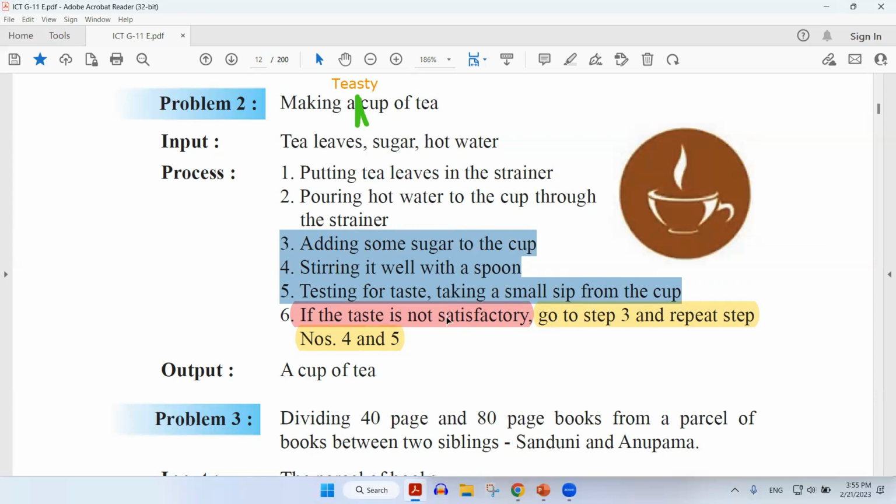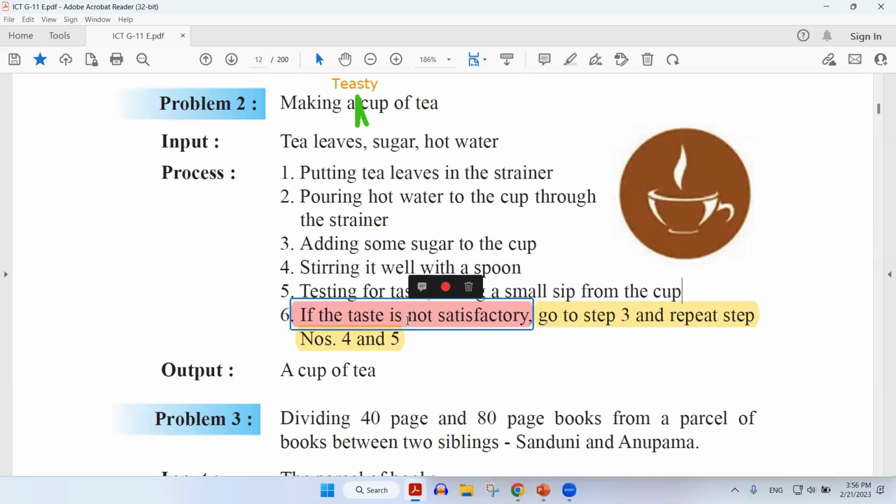So you put in a little sugar, stir it, take a small sip and see whether the taste is satisfactory. If it is not, we again do these three. Likewise, these three steps will be repeated until the taste of the tea is satisfactory.